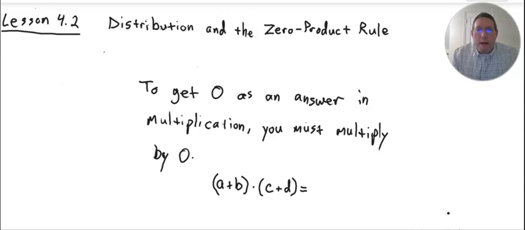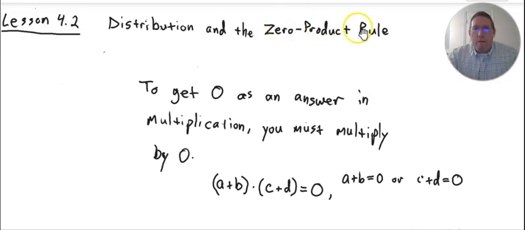Let's say that multiplying A plus B times C plus D results in 0. Well, then either A plus B equals 0 or C plus D equals 0, okay? One or the other. Either A plus B has to be equal to 0 or C plus D has to be equal to 0, and that is the zero product rule. We're going to apply that in just a few minutes, okay?